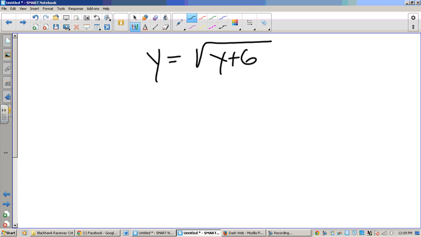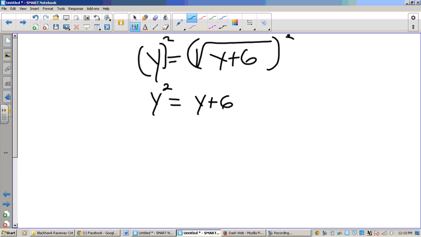Okay, now that you've resumed the recording, if you remember from the last problem, we need to start by getting rid of the square root. So we square each side, and I've got y squared equals y plus 6. Okay, I'm just going to subtract the y and subtract the 6.